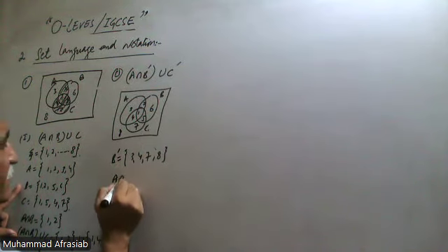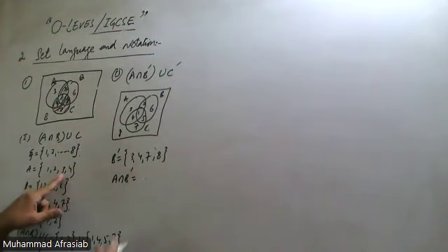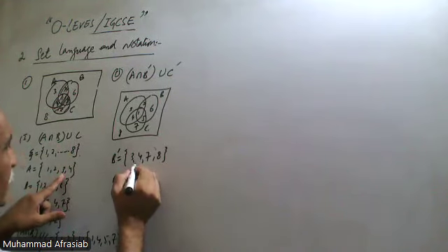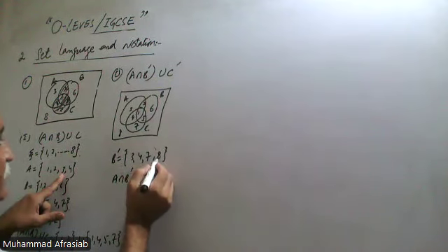Now, A intersection B complement means the combination of A and B complement. A is 1, 2, 3, 4 with intersection of 3, 4, 7, and 8.